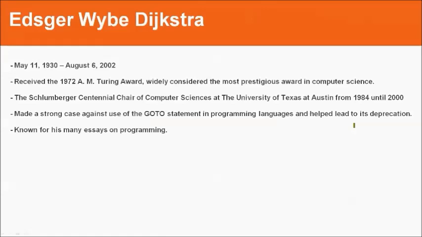He held the Schlumberger Centennial Chair of Computer Sciences at the University of Texas at Austin from 1984 until 2000. He made a strong case against the use of the go-to statement in programming languages and helped lead to its deprecation. Known for his many essays on programming. So that is Dijkstra.